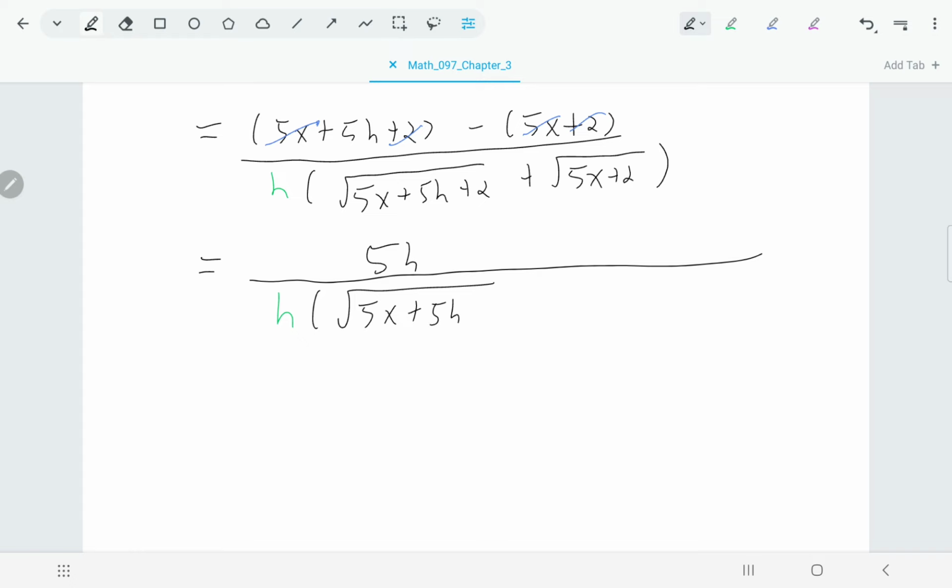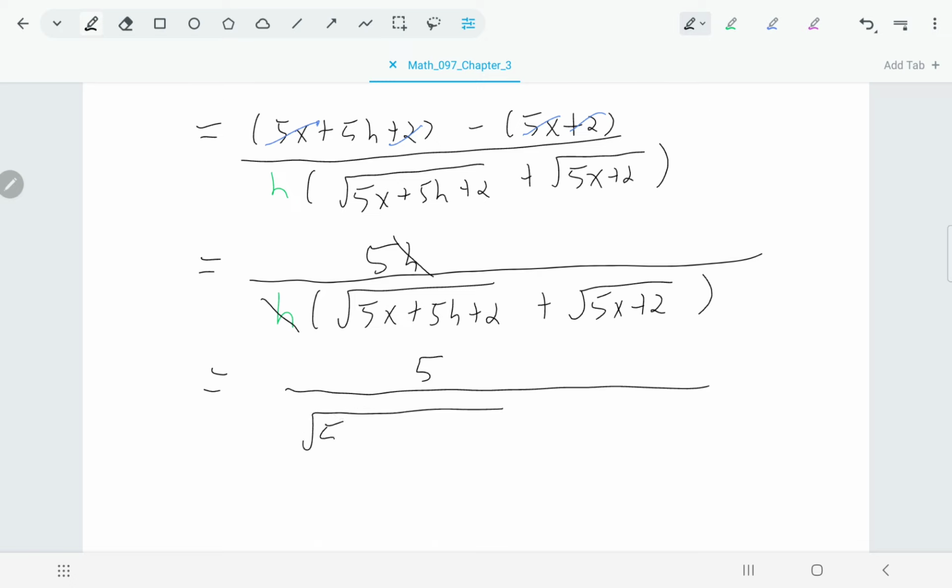And you can see where I'm going to go next with this. I'm going to cancel my h's, and then once I've done that, I will be finished. I have an h in the numerator that will cancel with the h in the denominator. And there we go. We've got our difference quotient simplified.